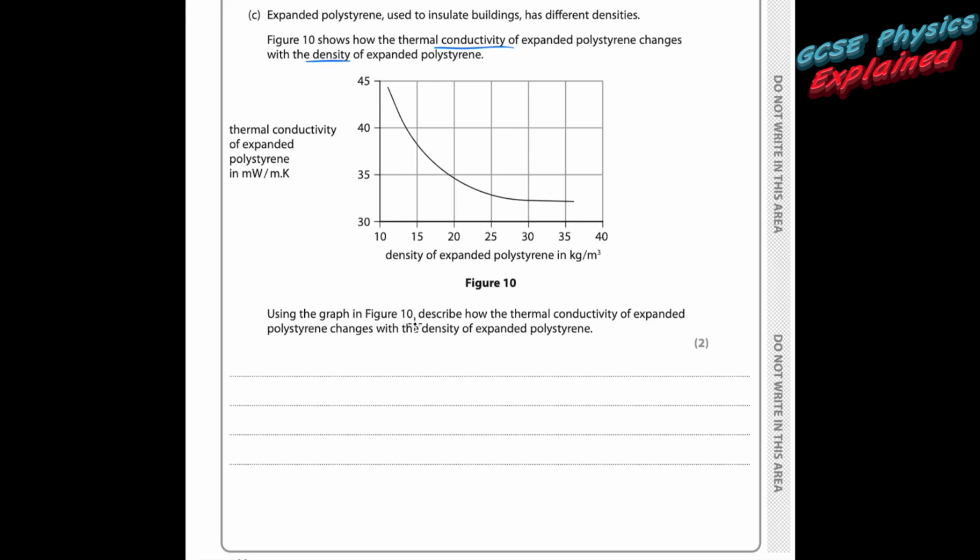Using the graph in figure 10, describe how the thermal conductivity of expanded polystyrene changes with the density of expanded polystyrene. Right, so that's low density and this is high density. So as the density increases, the conductivity decreases.